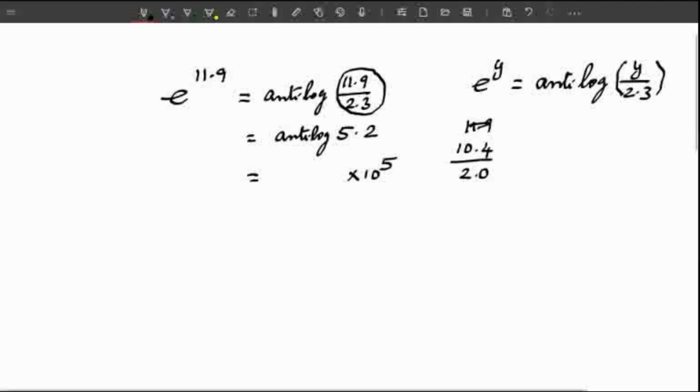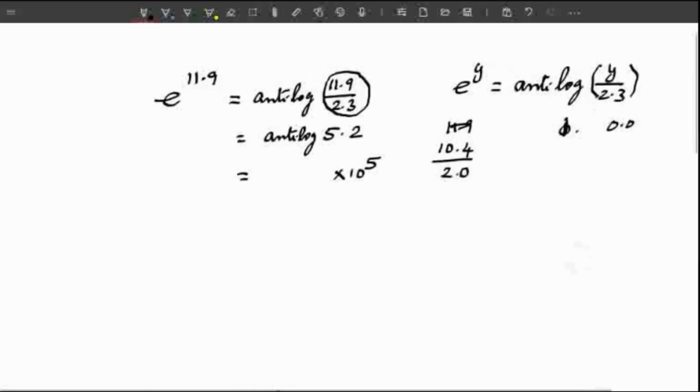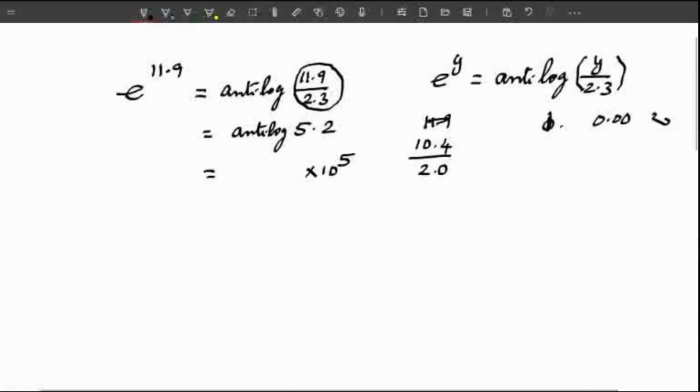5. And for 0.2, we need the anti-log value of 0.2. Each decimal is having 0.03 for 0.2, how much will come? Nearly 0.7, will it come?